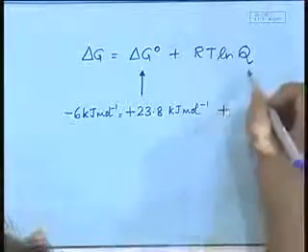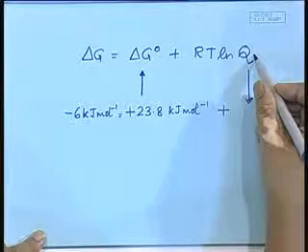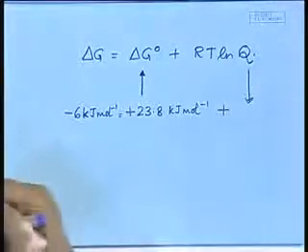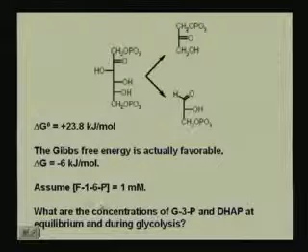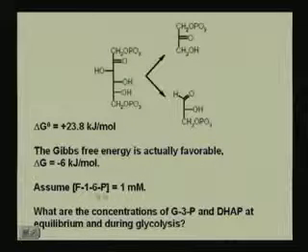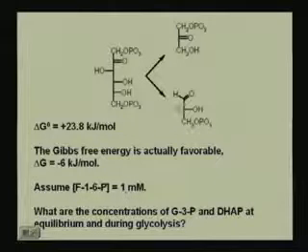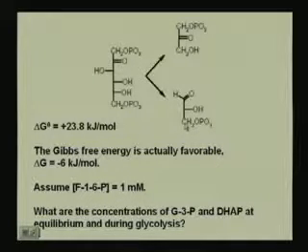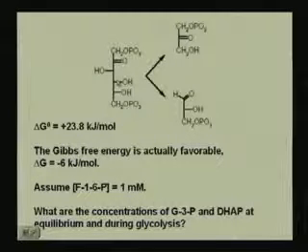So where is the regulation coming from? It has to come from Q. So what we can do is calculate, assuming that fructose 1,6-bisphosphate is 1 millimolar and I have these in equal concentration, because it is breaking down, it is forming from this.